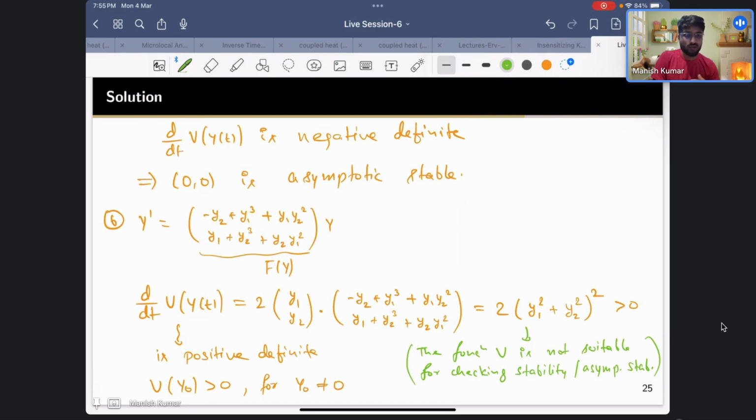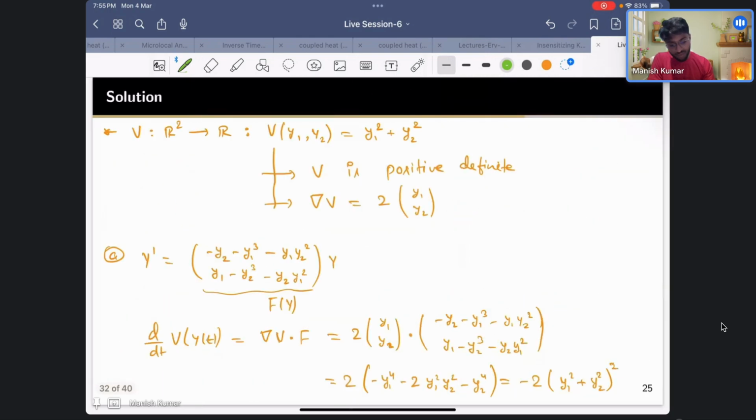Okay, and in fact you can choose any function V, but you cannot be sure about this, I mean, you can never get this thing, so it's not very particular about this function. You can try with another function, maybe raise to the power 4 or something, whatever you want to do. Just make sure the condition for checking the stability or asymptotic stability is satisfied.